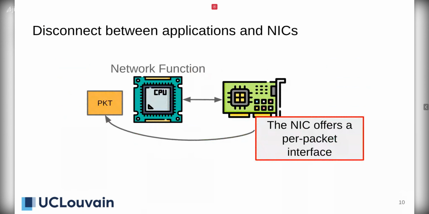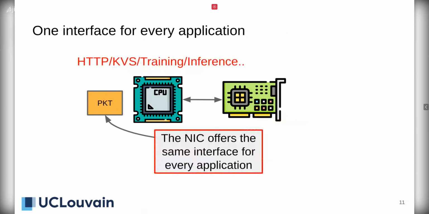But if we look at the NIC perspective, how the NIC transfers packets to the CPU, it's fundamentally a per-packet interface. So there's a disconnect between how applications want to receive packets and how the NIC actually transfers them. Maybe you say, I don't care about packet processing, NAT, firewall, or whatever.